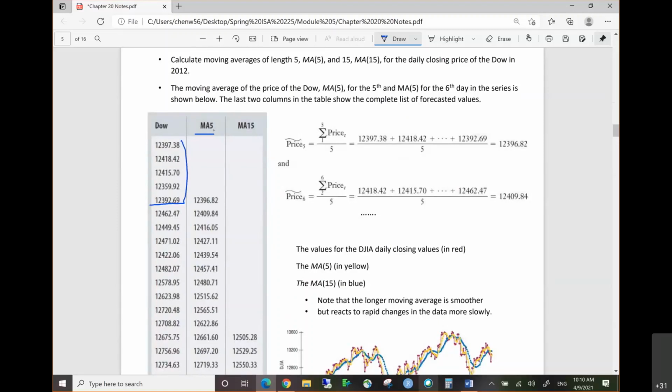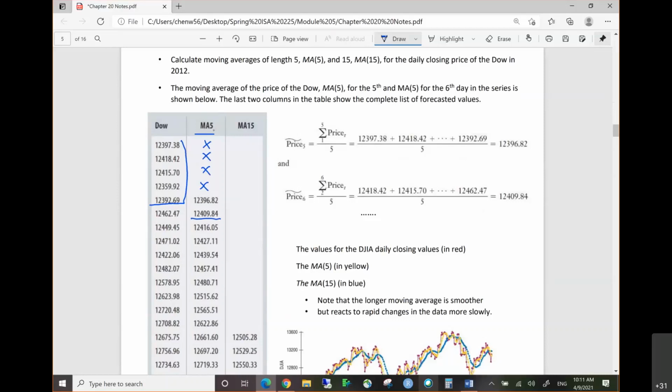So it is not available for these first points, because you cannot get 5 previous data points. Then for the next estimated value, we move the average to the next 5 of them.